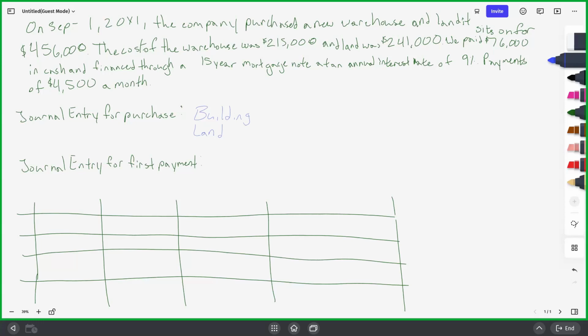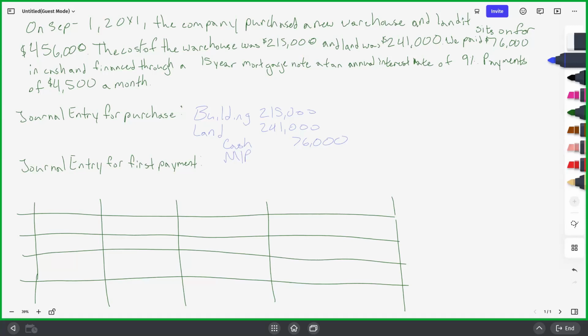You're going to have to keep them separated, because what's the main rule about land? No depreciation schedule for land. So you want to make sure that you keep your building and your land separate. This harks back to chapter 8. Then we credit the cash that we did use for it, and whatever is left is basically our mortgage payable.